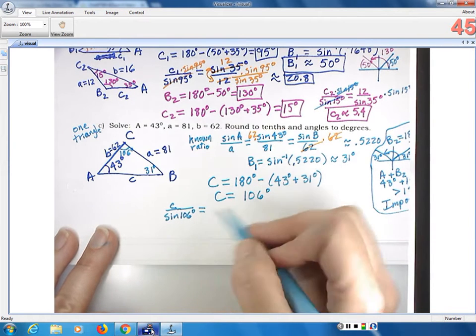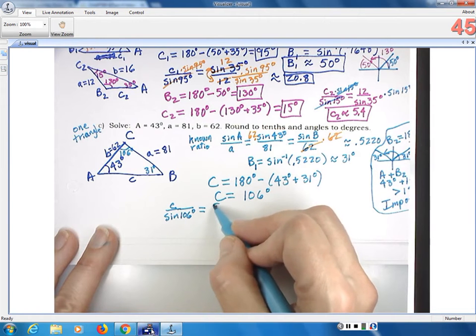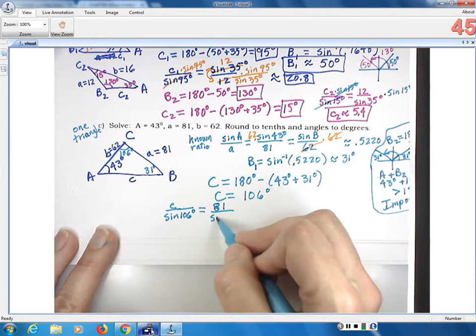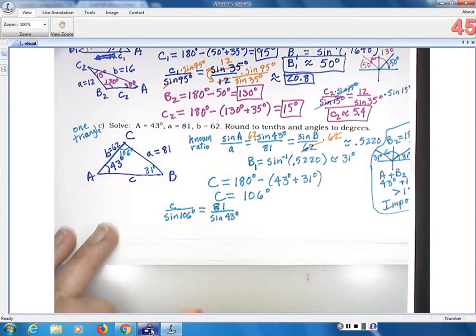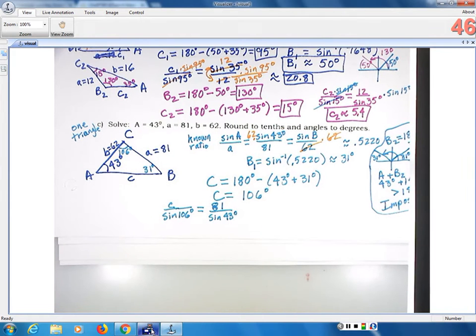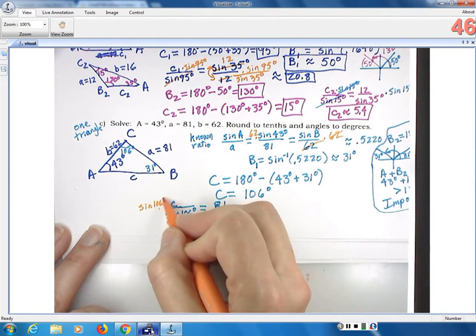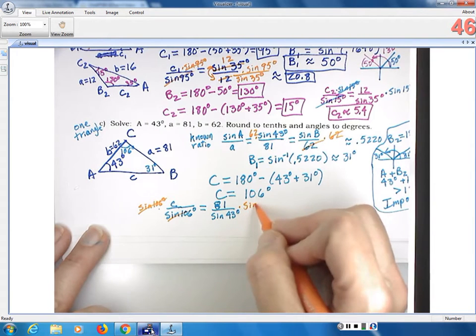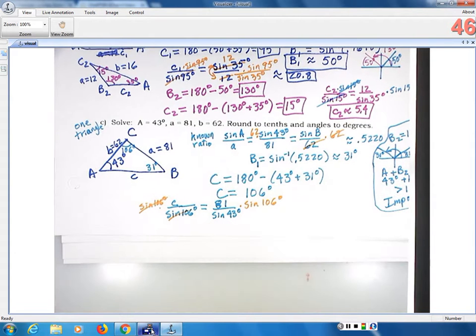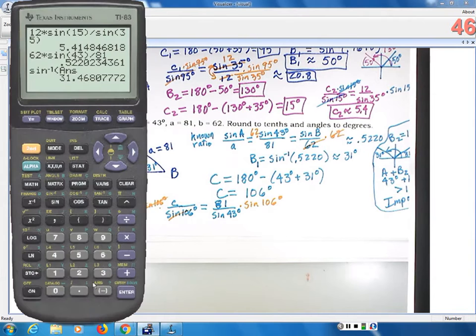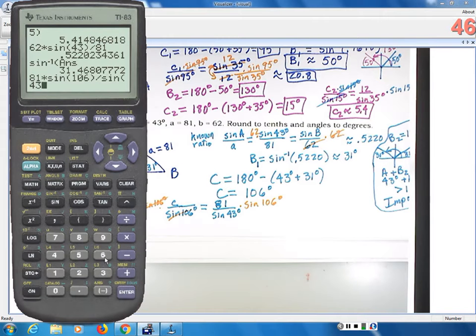Now we got 106. Now all we need is side C, so we take C over sine of 106 equals our known ratio, 81 over sine of 43. So multiply through by sine of 106. 81 times sine of 106, close the parentheses, divided by sine of 43.